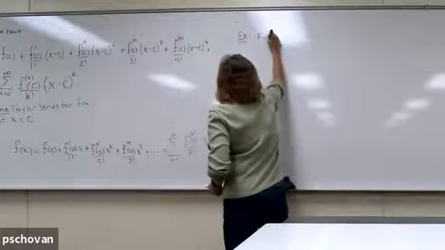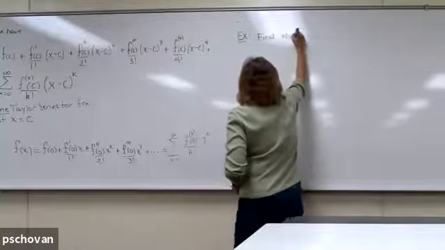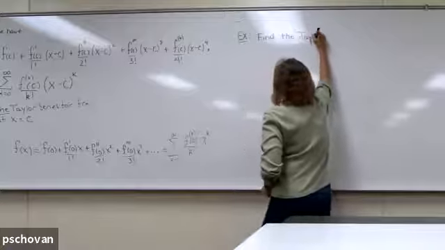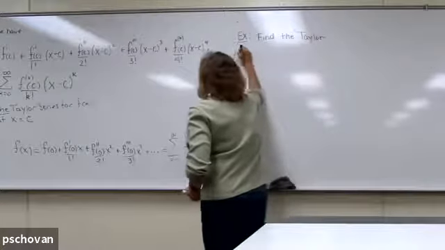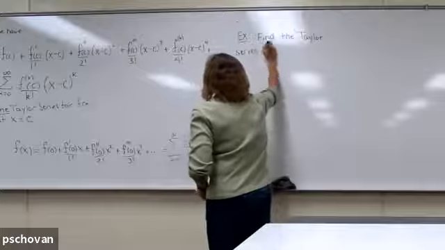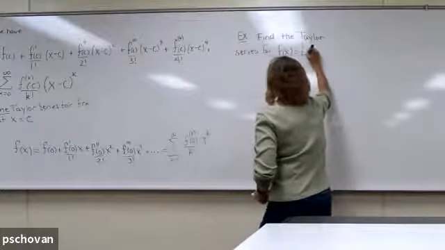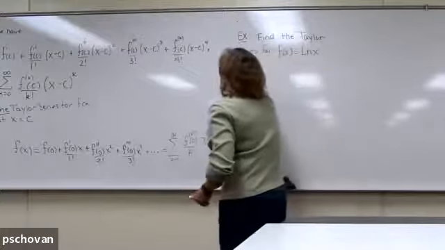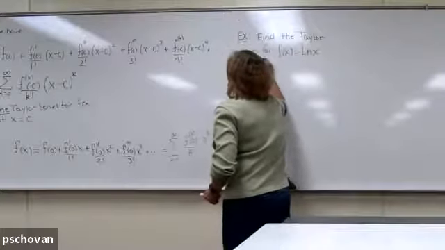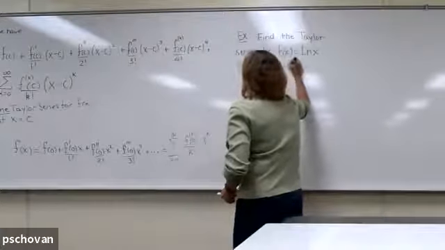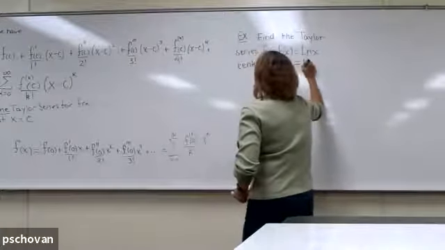Let's find the Taylor series for f of x is equal to the natural log of x centered at c is equal to 1.